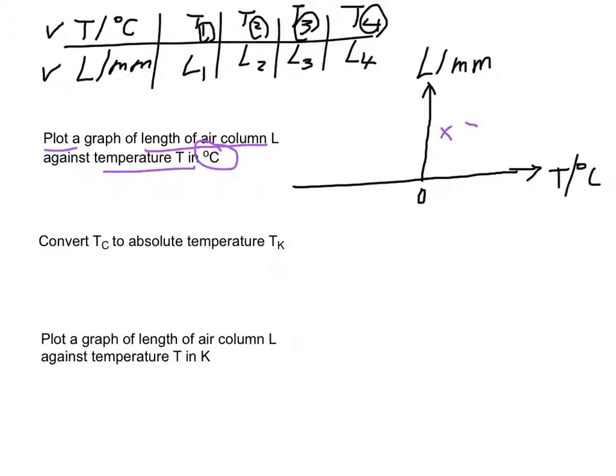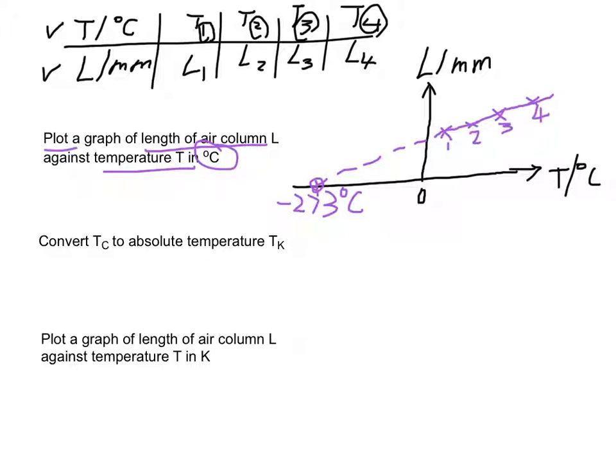The experimental results for the 4 sets of data, when plotted, all lie on a straight line or almost lie on a straight line, and we extend this straight line backward to the point where L equals 0. At this point, the temperature, called absolute zero, is about negative 273 degrees Celsius if the experiment is very accurate.